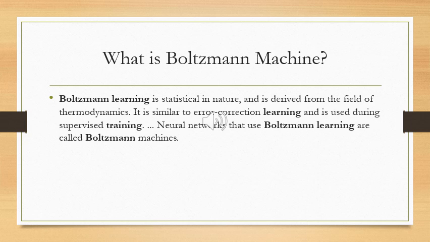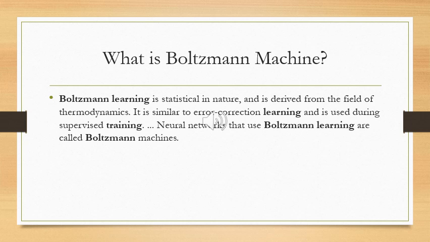The Boltzmann machine is also called a generative and supervised model, and it involves learning probability distributions from an original dataset, and is also used to make inferences about never-before-seen data.